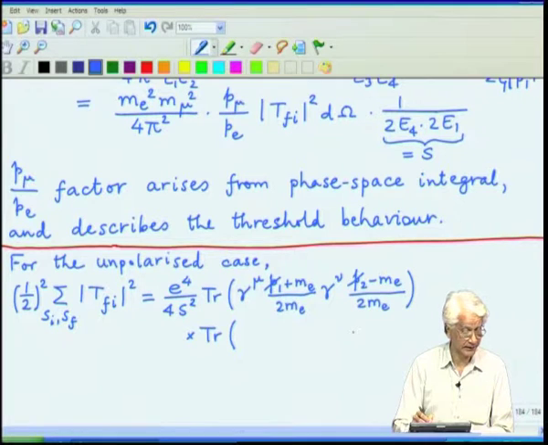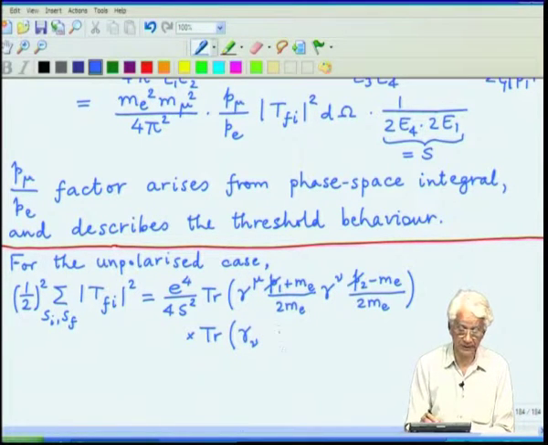These are contracted appropriately with the photon indices, and we have to keep track of which index goes to which place.